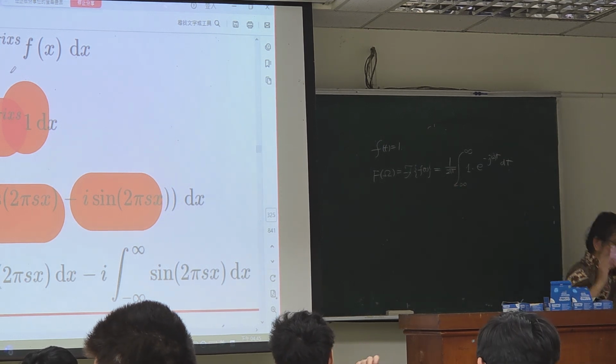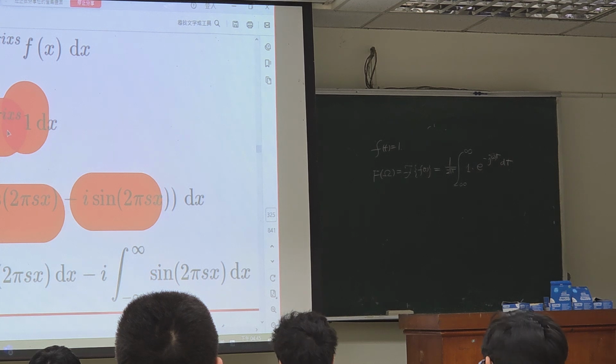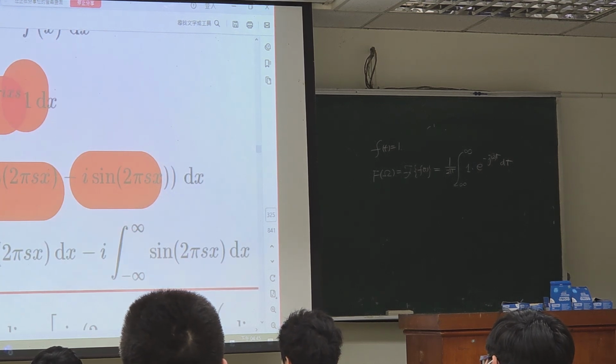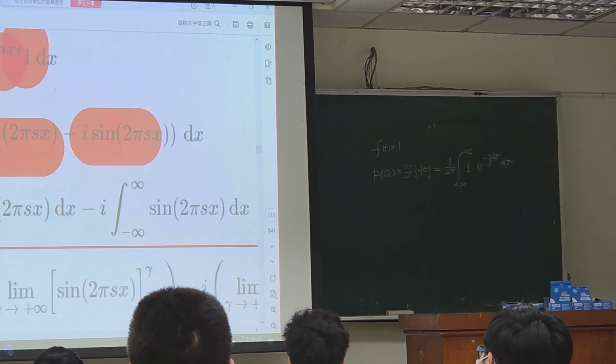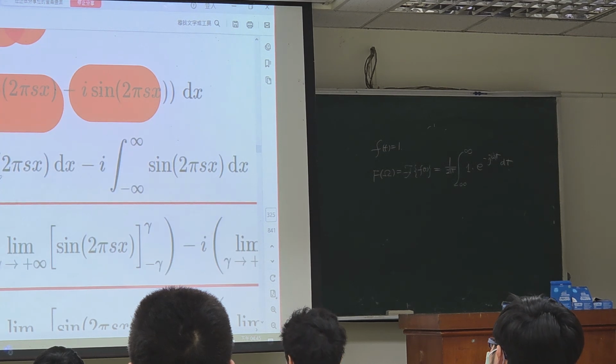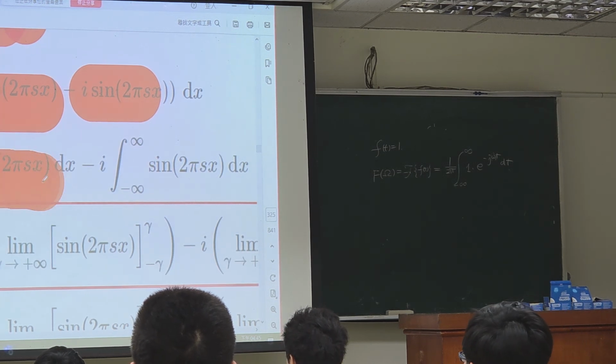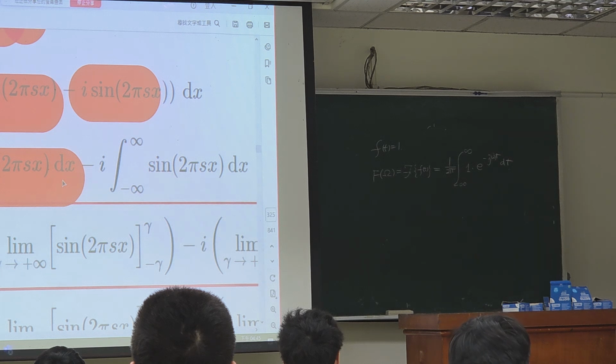It doesn't matter. The key point is you use Euler's formula to represent the complex exponential function, and then you integrate this function. Now here's the tricky part.